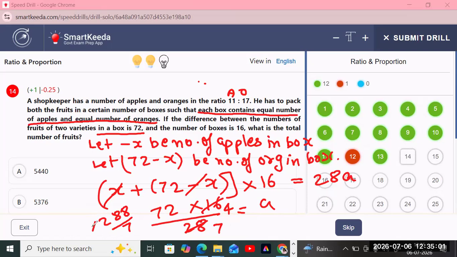What is the total number of fruits is equal to 27?